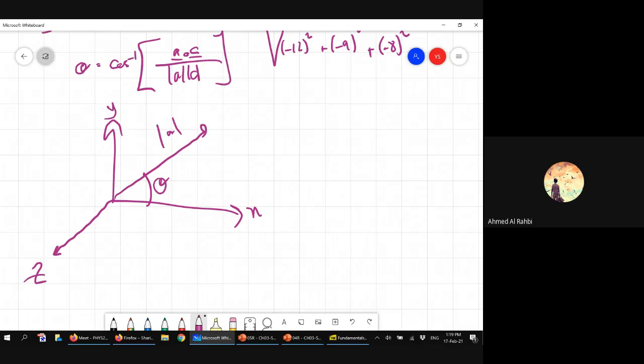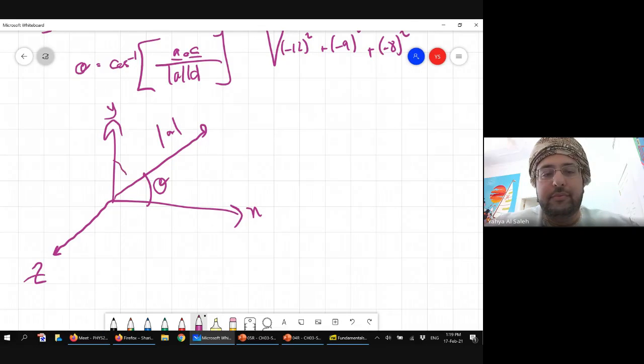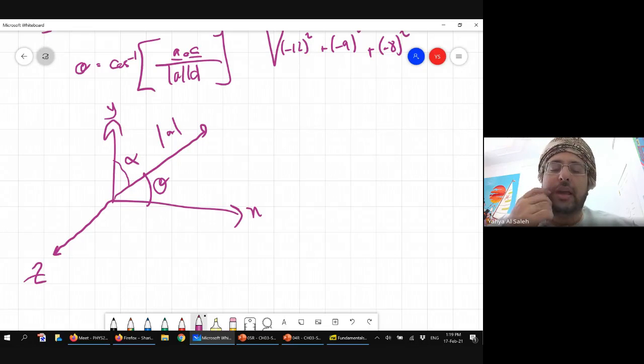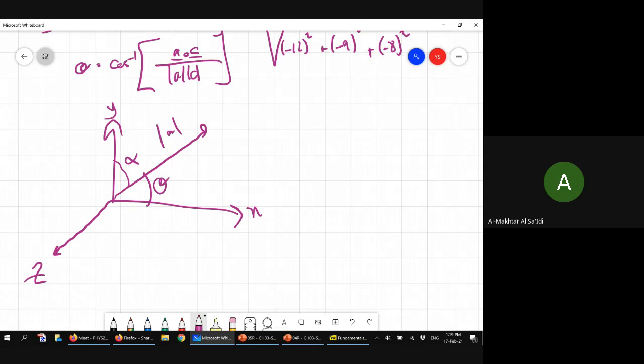I need to give 2 angles, theta and phi, or actually to make it look clearer, let me use theta and alpha. Why? Because it is 3D.